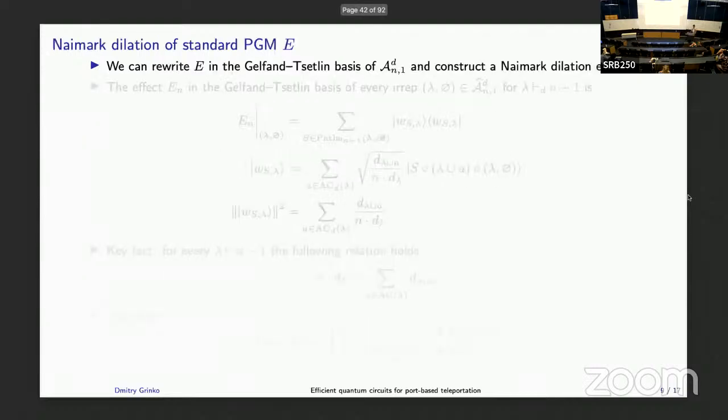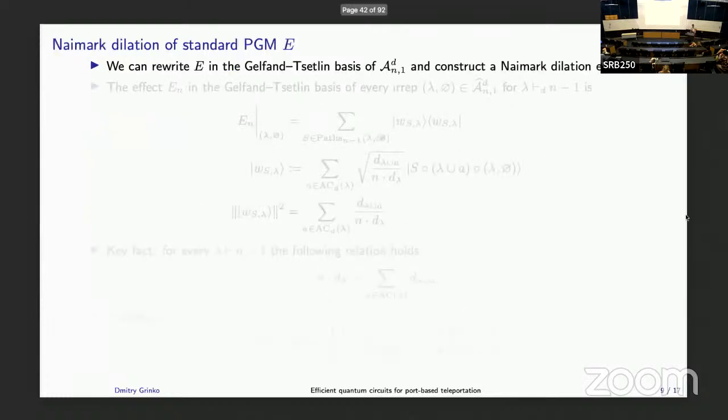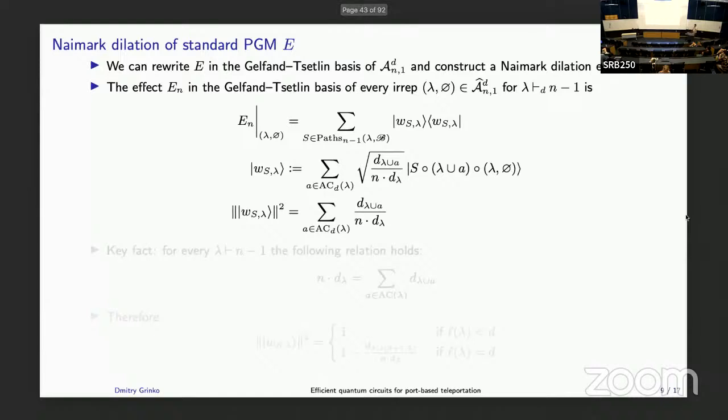Okay, now I want to explain how you actually do this. For that, I just focus on the standard PGM measurement, for which this G matrix has this simple form. It turns out that if you go into the Gelfand-Zetlin basis, constructing a Naimark dilation explicitly is a doable thing. You don't need to understand all the notation here.